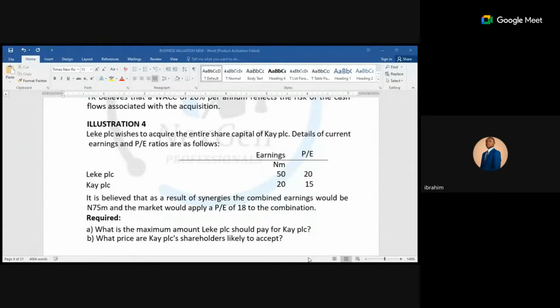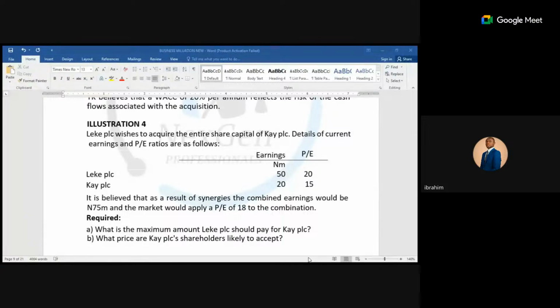Because of their weight, the combined earnings of the synergies would be, don't forget, revenue synergy is part of the types of synergy.